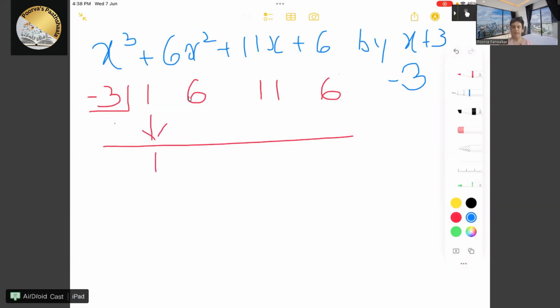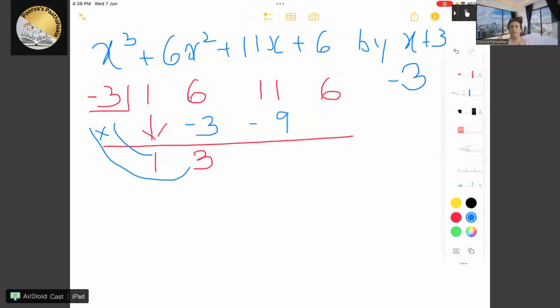In the next step, I multiply minus 3 and 1 and write the answer, which is minus 3, below in the second column, which is here. Then I add 6 and minus 3. So plus and minus is minus, gives me 3. Now again, in the next step, we are going to multiply minus 3 and 3, which gives me minus 9.